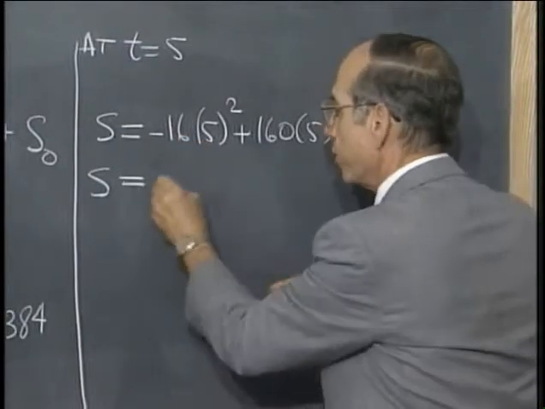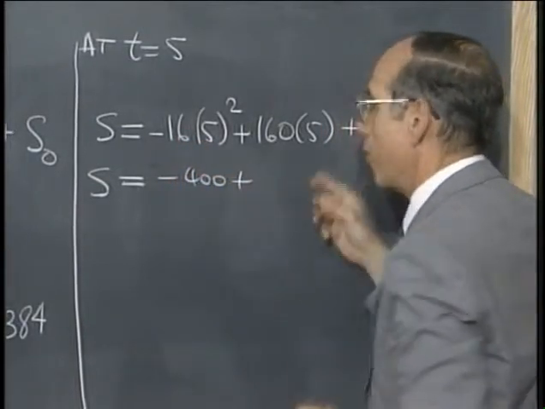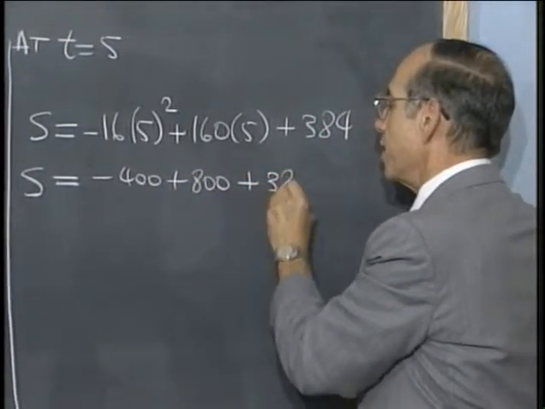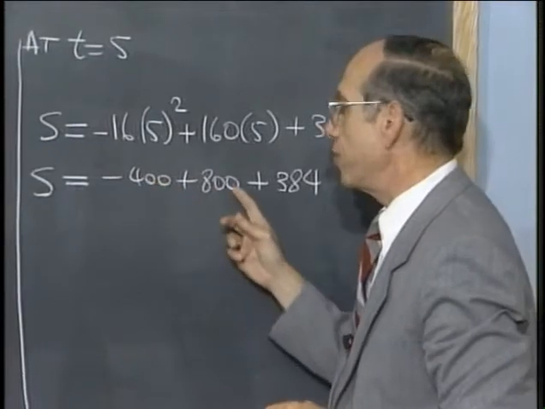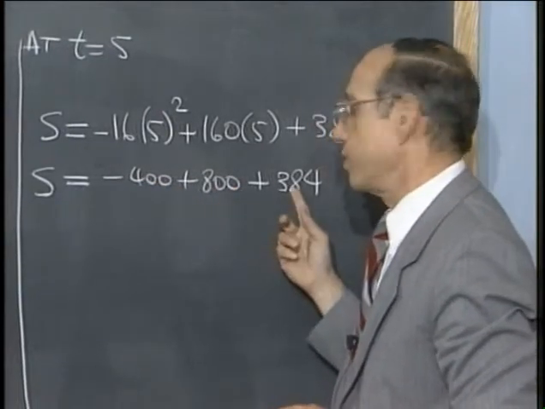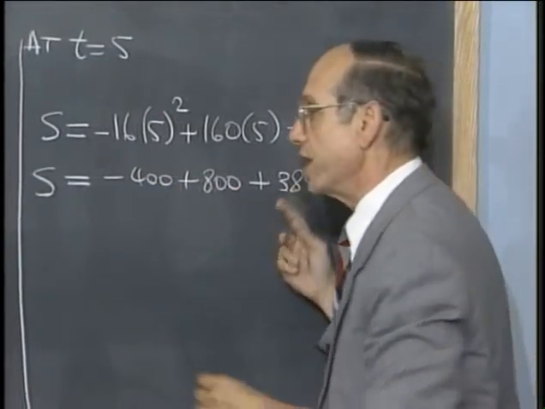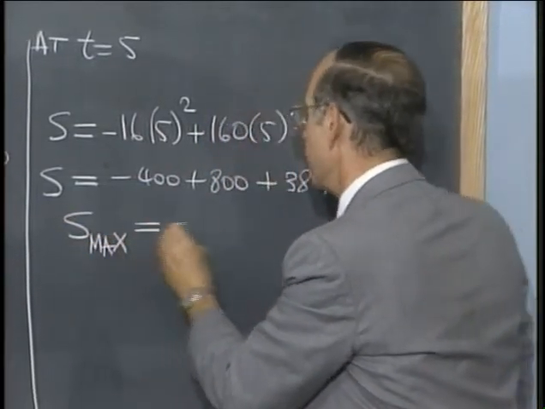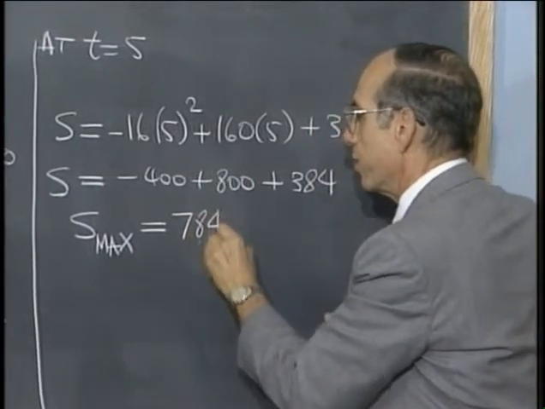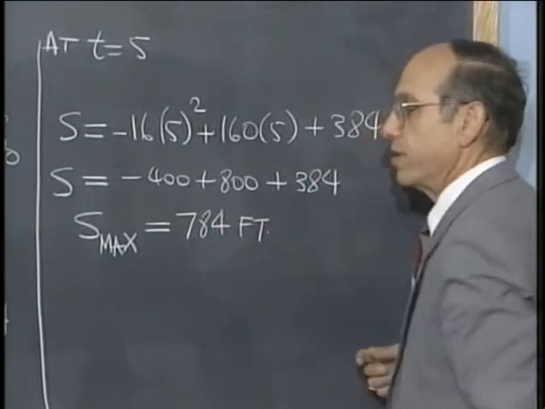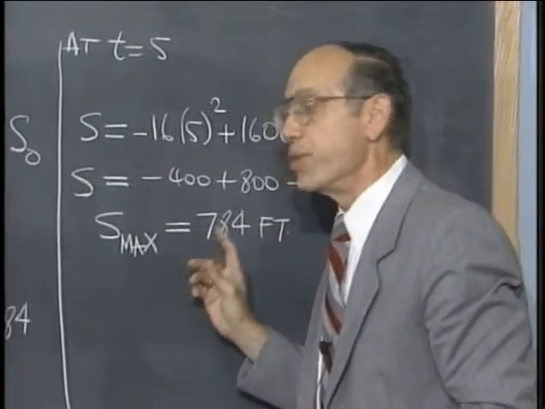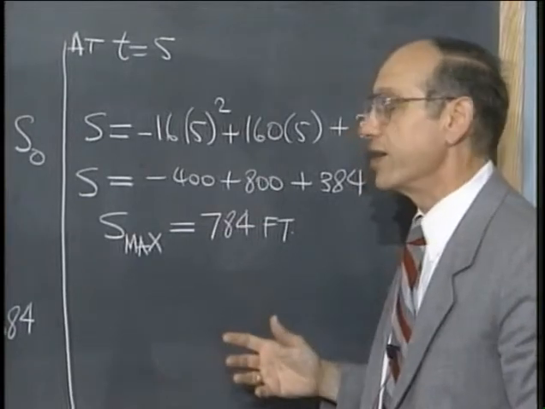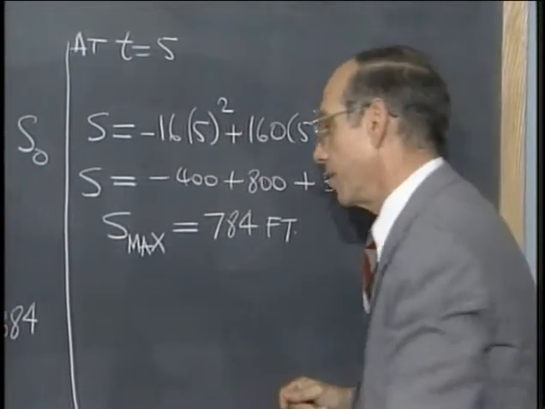So this is minus 400 plus 5 times 160, which is 800, plus 384. Minus 400 plus 800 is 400, plus 384 is 784. So the maximum height is equal to 784 feet. That's 784 feet above the ground. The particle actually rose 400 feet above the height of the building where it started.